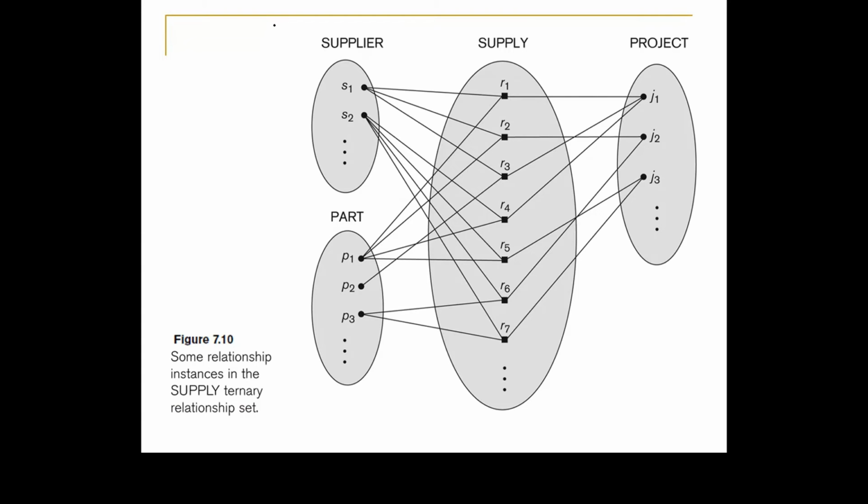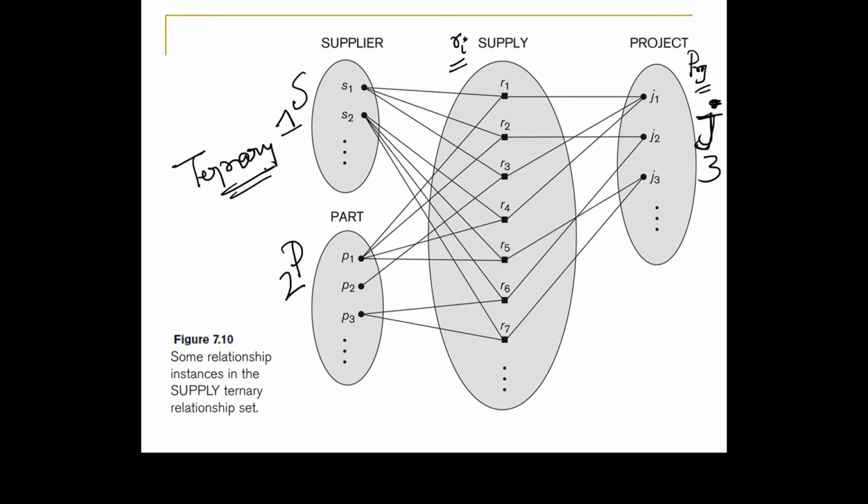An example of a ternary relationship is supply, shown in figure 7.10, where each relationship instance Ri associates three entities: supplier S, part P, and project, let's say represented by J. So this is entity 1, this is entity 2, this is entity 3. So this is a ternary type.